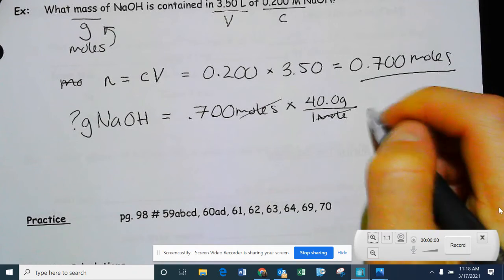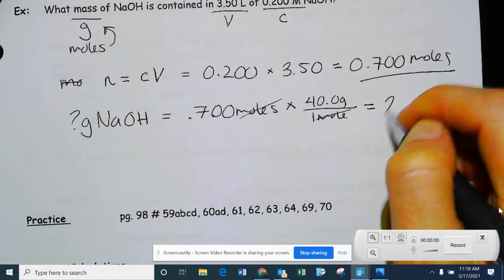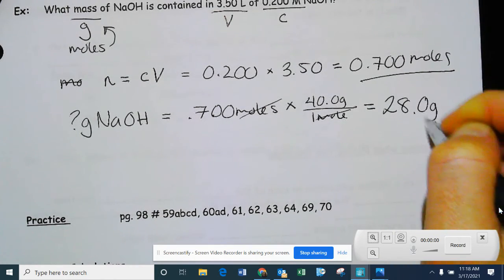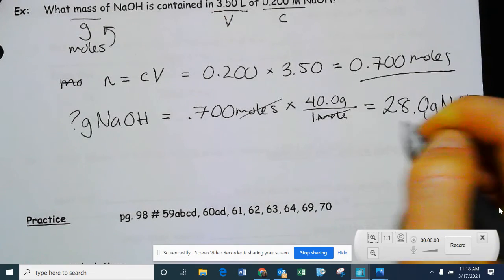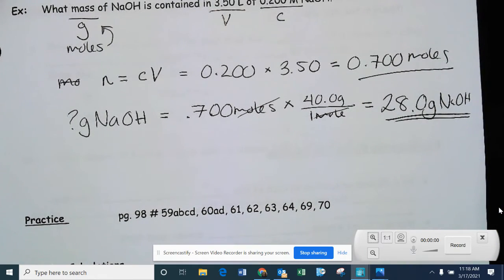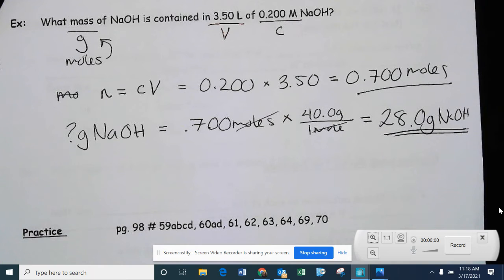That cancels out our moles. And what we end up with is 28.0 grams of sodium hydroxide. So that's our mass that's contained in that solution. So if we were to boil all of the water away, we would have 28 grams of sodium hydroxide left over.